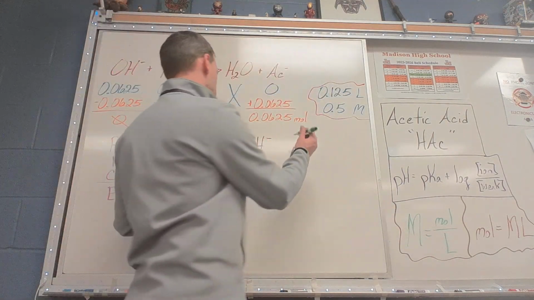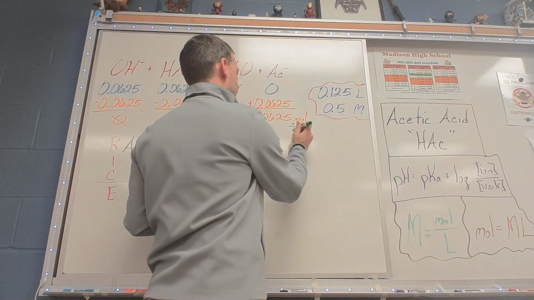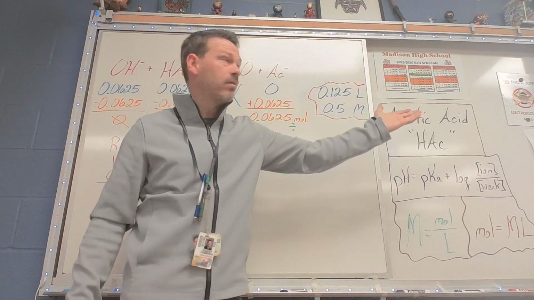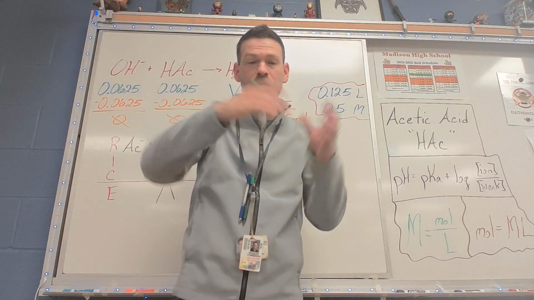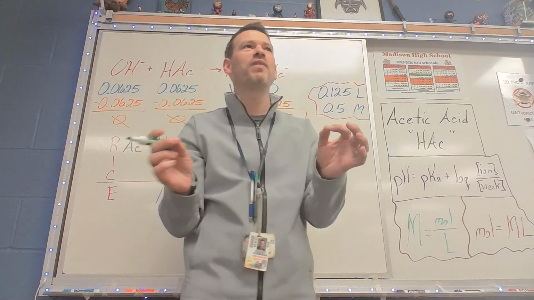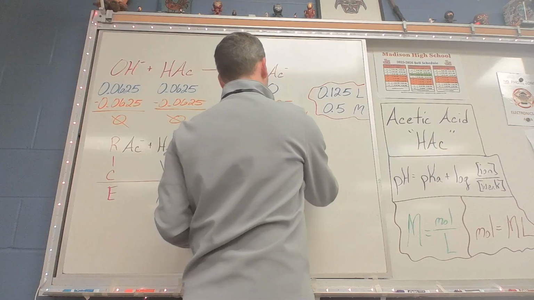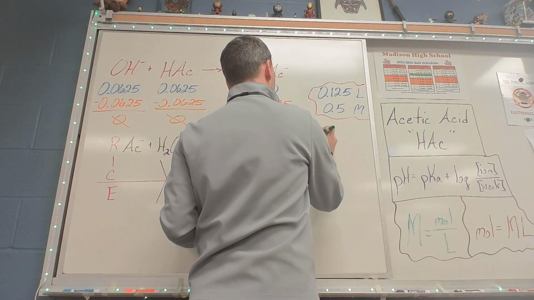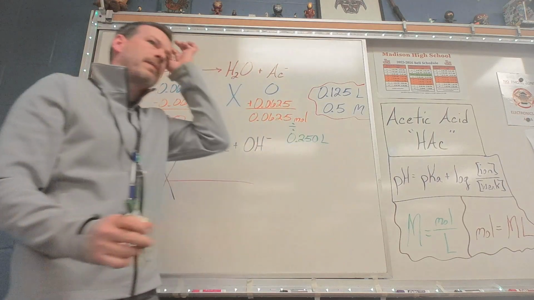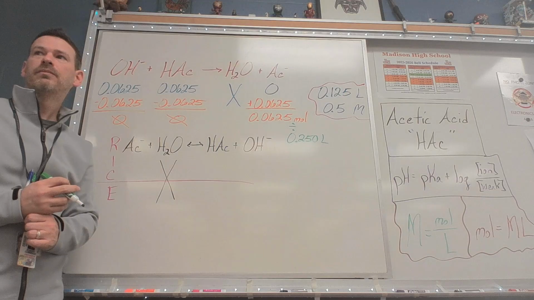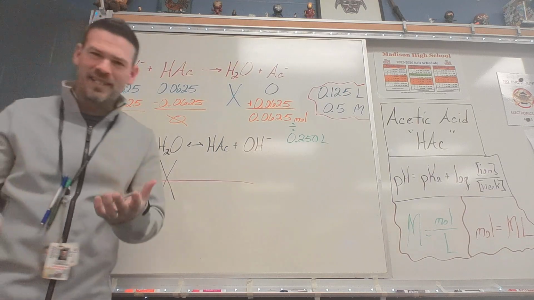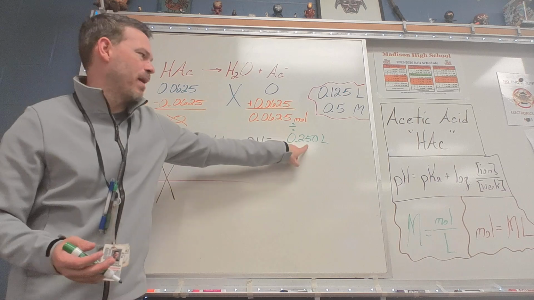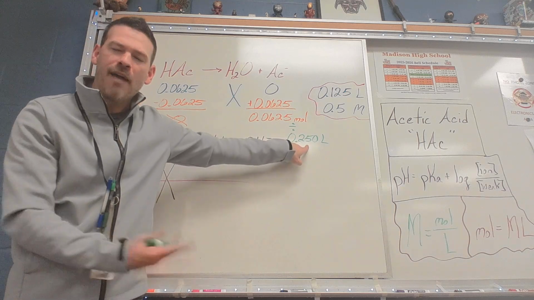So what do I do to those moles? Well, divide it by the liters. 125 was dumped into 125 for a grand total of 250, which is 0.25 liters. Does everyone understand what I'm saying? Now, coincidentally, if you divide that orange number by that green number, you get 0.25, which is weird.